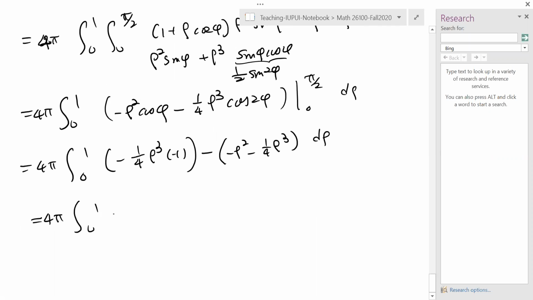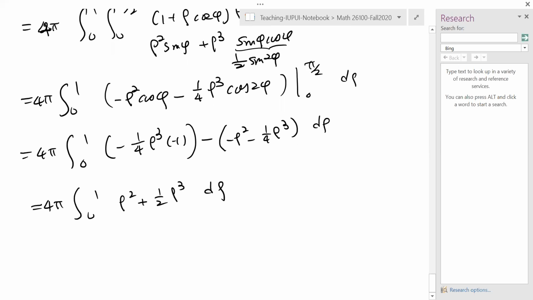All right, so let's simplify a little bit, okay? I have a negative rho squared, so I have a rho squared. So I have a positive quarter. I think both are negative, right? Yeah, negative. So actually it's going to be half of rho cubed.